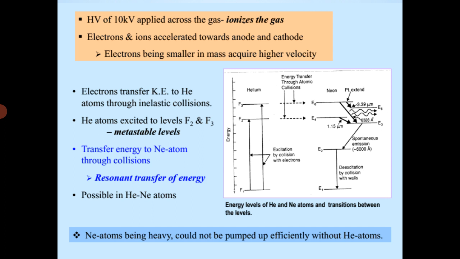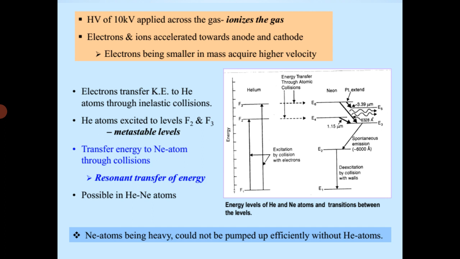Then these neon atoms go down to energy level 5 and energy level 3. Some atoms drop to energy level 5, some to energy level 3. When atoms go to the E5 level, they release 3.39 micrometer radiation. The atoms going to the E3 level emit 6328 angstrom.